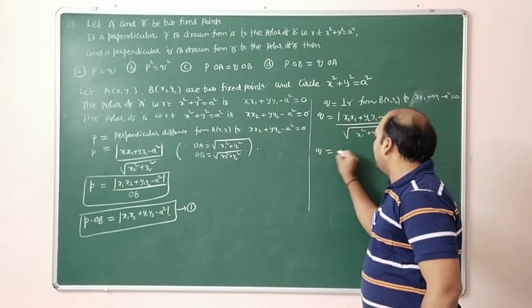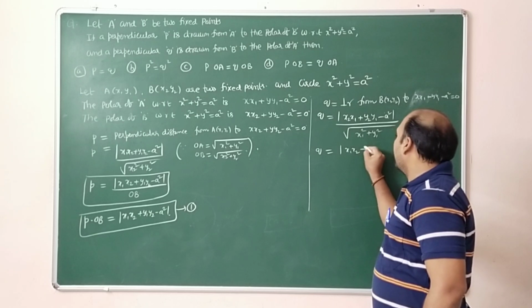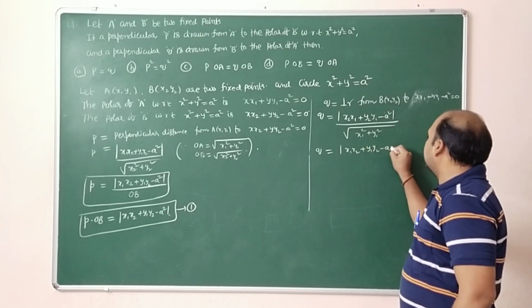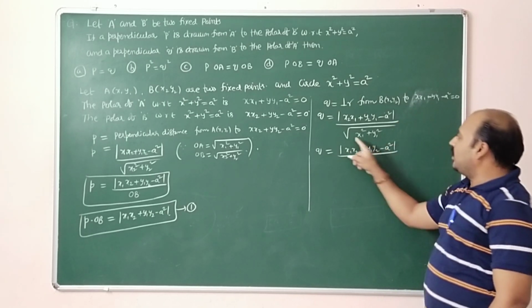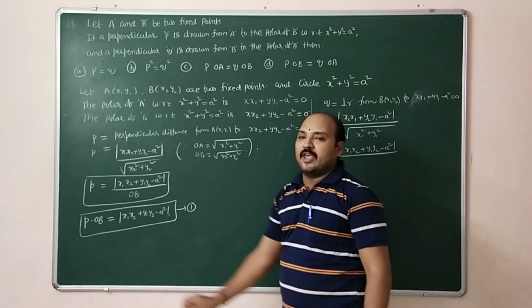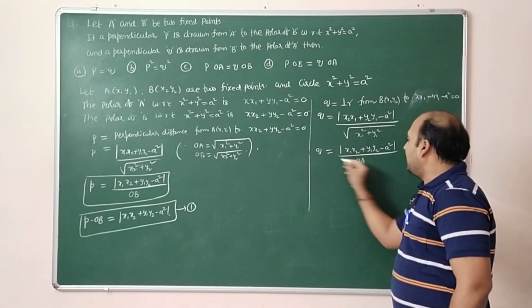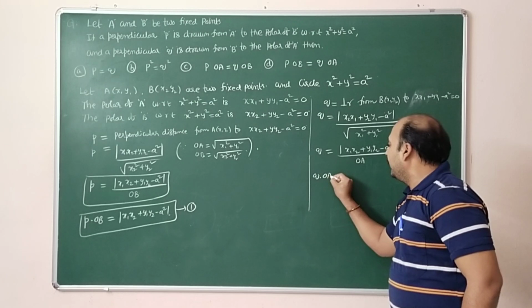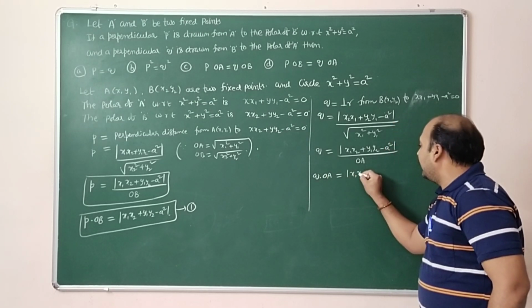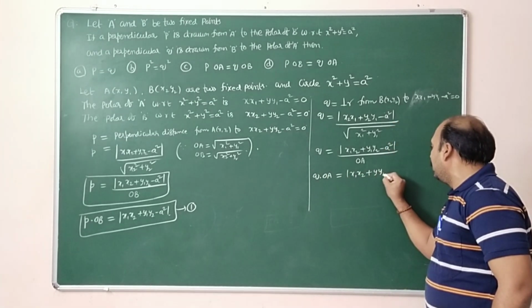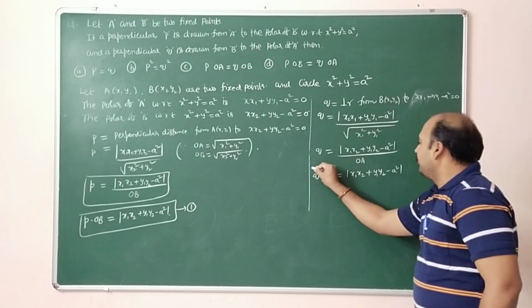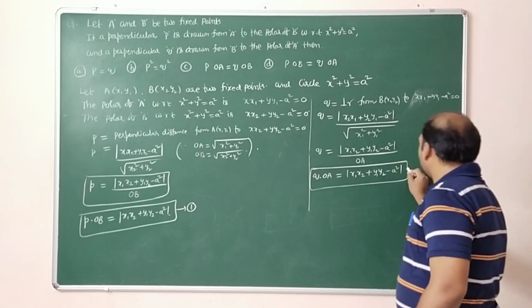So Q equal to mod x1 x2 plus y1 y2 minus a square, divided by root of x1 square plus y1 square, which means what? OA. So now cross multiplying, Q into OA is equal to mod x1 x2 plus y1 y2 minus a square. This is the box, equation number 2.